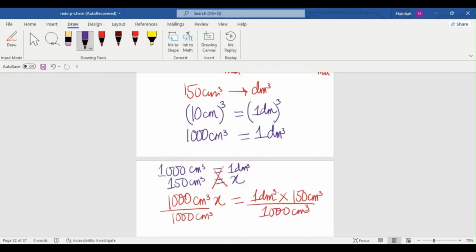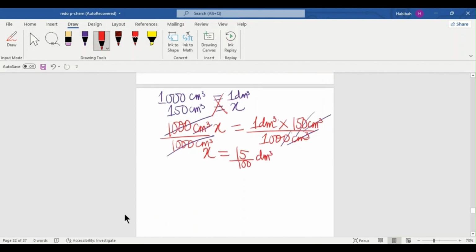You end up canceling out the left side, and then you cancel out centimeter cubed here and here, and the 5s here. So you end up with X equals 150 divided by 1000 decimeter cubed, which is the same thing as X equals 0.15 decimeter cubed. Now, let's not forget X is just simply volume. So V is equal to 0.15 decimeter cubed.